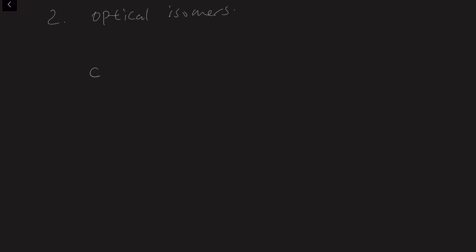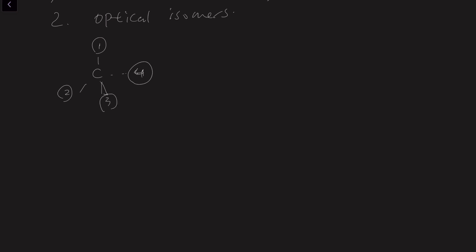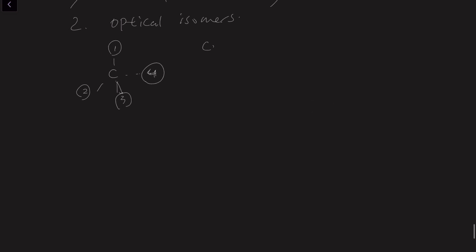So we know that we have this tetrahedral arrangement of carbon atom. So if this has 4 different types of things attached to it, so if you have species 1, 2, 3, and 4, different atoms or groups of atoms connected, it cannot be superimposed on its own mirror image.